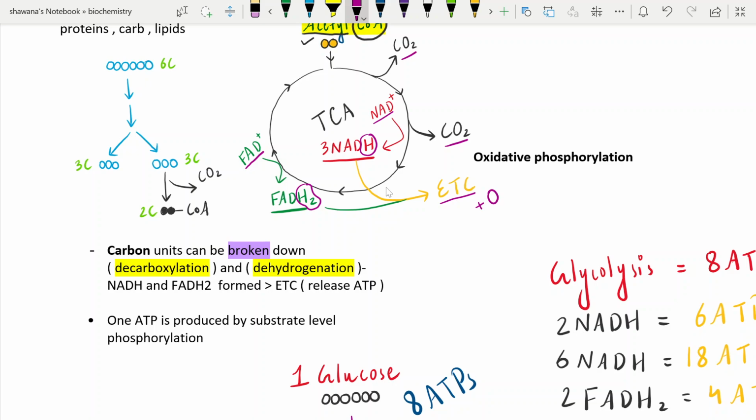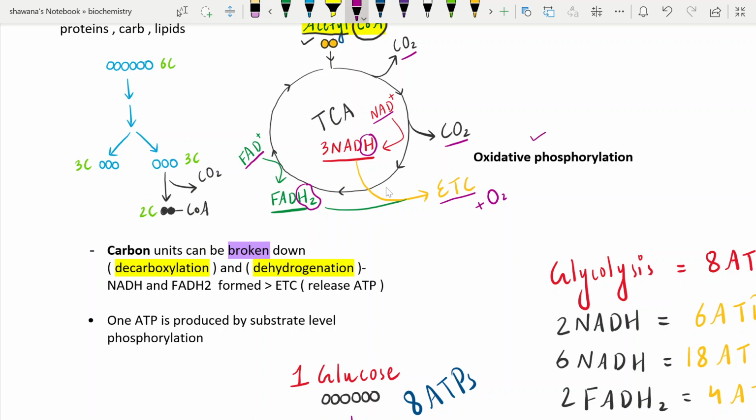With a plenty of supply of oxygen, they run through that reaction and generate a lot of ATP, a lot of energy, and they are converted back to NAD positive and FAD positive.